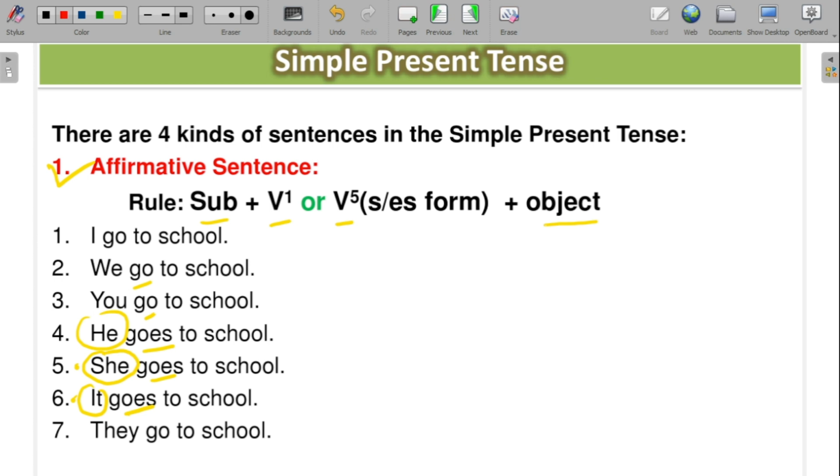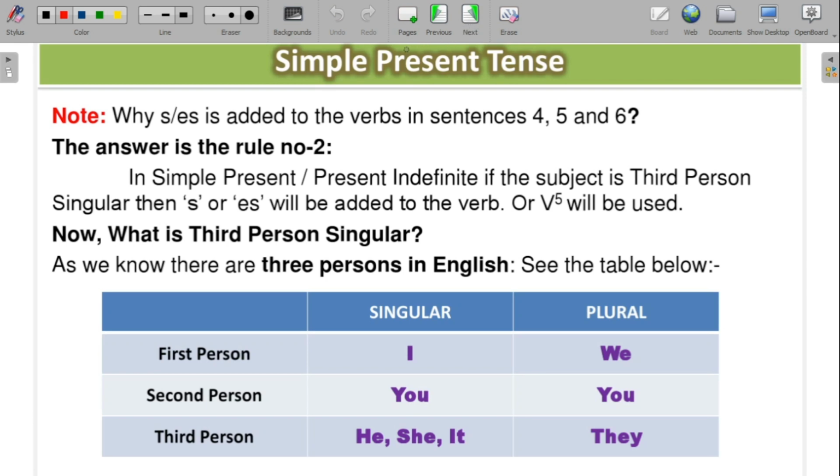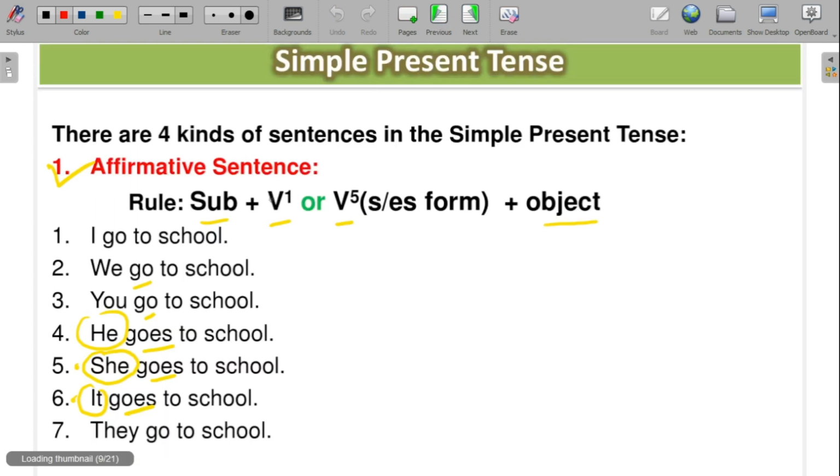Now we can see the next slide for details about the simple present tense. It has the rules for why s or es is added to the verbs in sentences 4, 5 and 6.